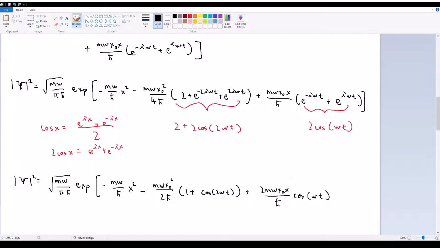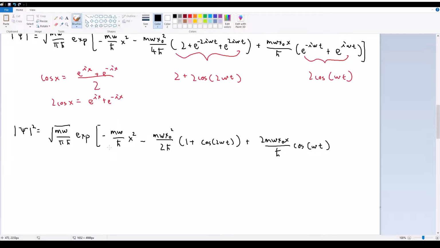And let's see. At this point, I can factor out some stuff. Let's factor out m omega over 2 h bar. So if we do that, then we're going to get that this is actually equal to the square root of m omega over pi h bar. The reason why I'm factoring out m omega over 2 h bar is because I really want to get this term out outside of the 1 plus cosine 2 omega t, just to make everything a little bit neater.